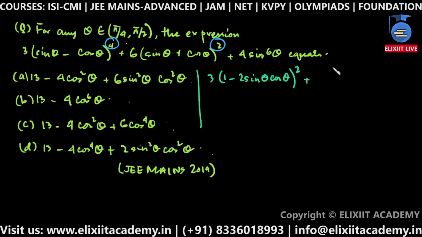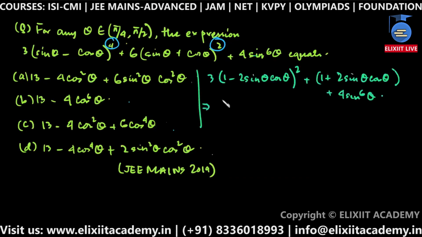If you break this, sine square theta plus cos square theta plus 2 sine theta cos theta. Once again, sine square theta plus cos square theta is 1. So this is basically 1 plus 2 sine theta cos theta, right? And over here you have 4 sine to the power 6 theta.